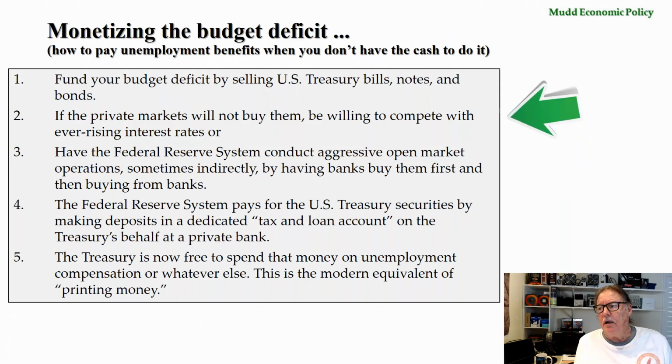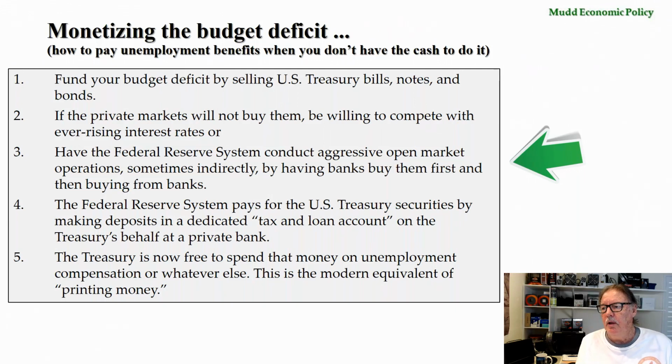If the private markets will not buy them, they have to be willing to compete with ever-rising interest rates because of the sheer scale of those operations, or they have to have the Federal Reserve System conduct aggressive open market operations, sometimes indirectly, by having banks buy them first and then buying them from banks, which is mostly what they do. Now, if you think about it, that's what we described as an open market operation typically.